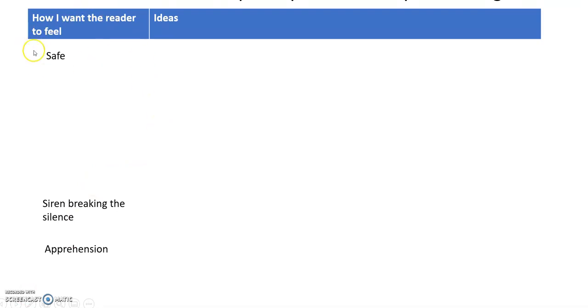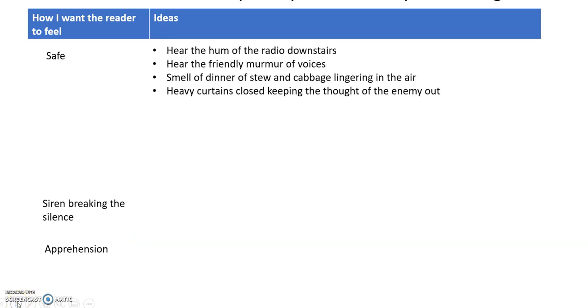Okay, so how do you want your reader to feel? If you want your reader to feel safe, then what kind of sentences, what ideas might you have? So, I'm going to describe the hum of the radio downstairs. I'm going to hear the friendly murmur of voices.